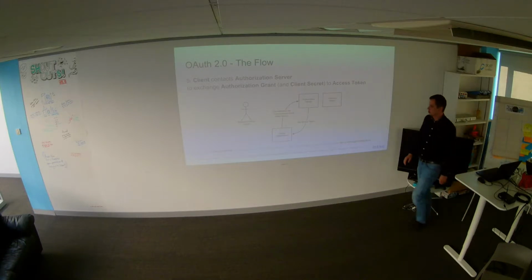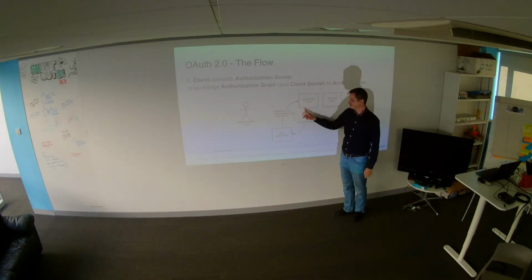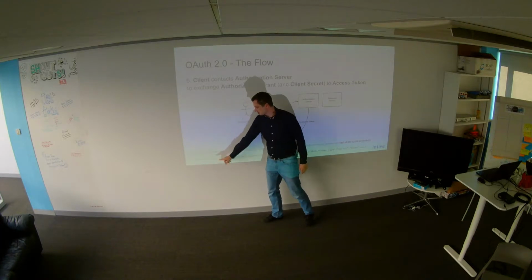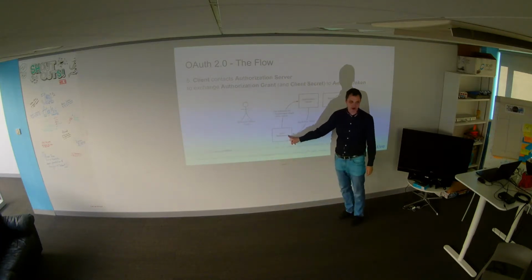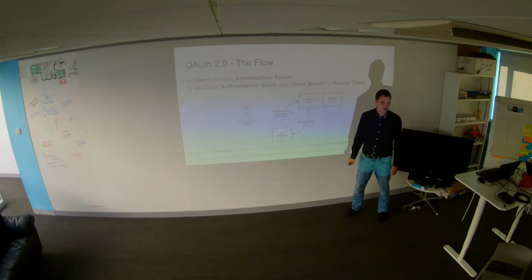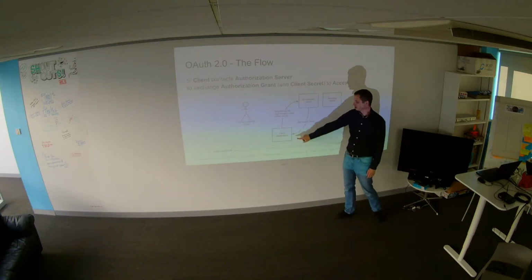What's interesting here is the fact that I not only send this code that I've been sent, but I'm also sending who am I, my client ID, that's the login of the application itself, and client secret, that's the password of the application itself. And we'll see later that the secret is not always used.